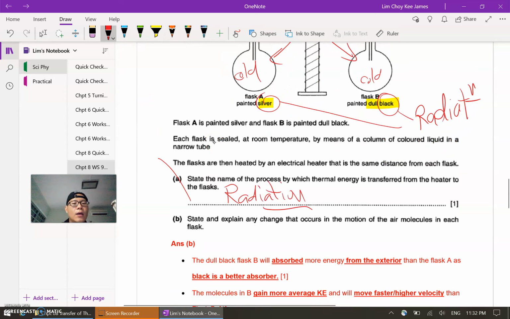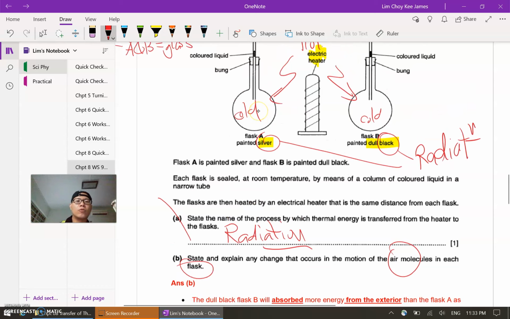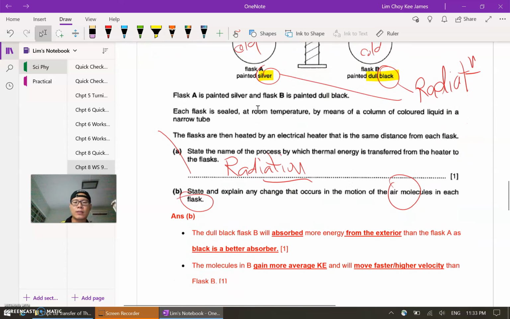Then part B will talk about how to explain the motion of air molecules in each of the flasks. Since it's a radiation question, the thermal energy will move from the heater to the flask itself. After that, the thermal energy will be used to heat up the particles. How does the thermal energy get across from the heater to the flask itself?